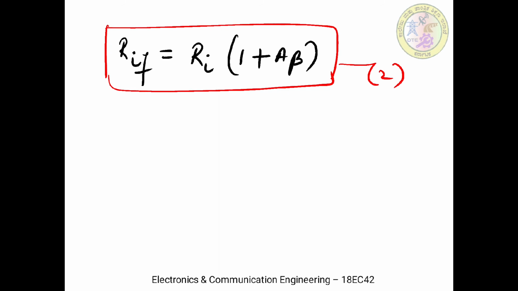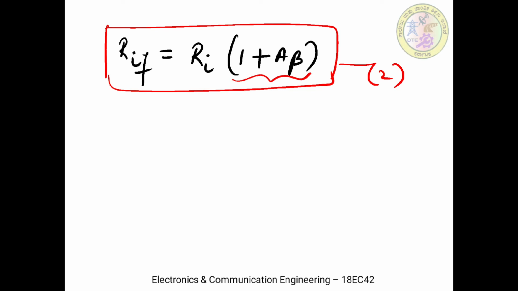Equation 2 represents that negative feedback increases the input resistance, because it is Ri into 1 plus A beta. So the input resistance is increased by a factor equal to the amount of feedback, 1 plus A into beta. This is the effect of feedback in case of the series shunt configuration.